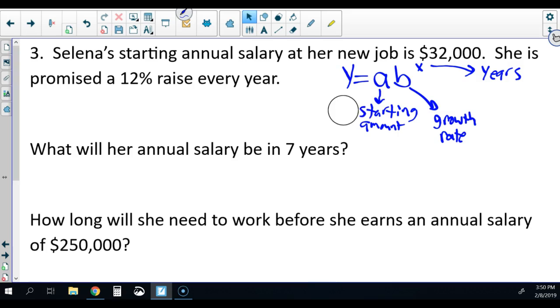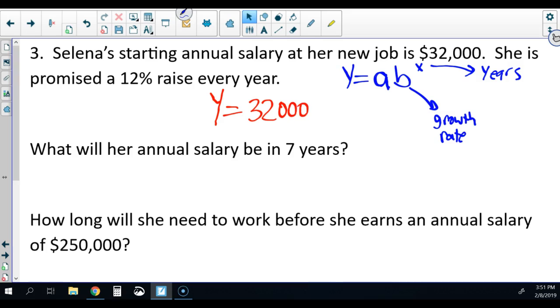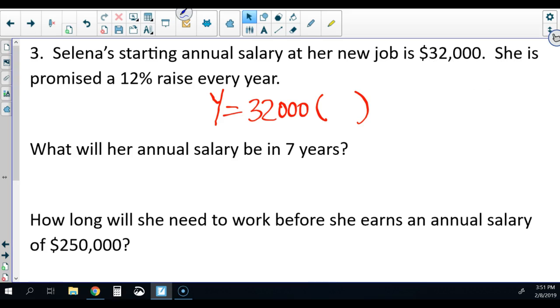So starting amount, it tells me her starting salary is 32,000. So I'm going to say y equals 32,000 times b, I'm sorry. B is her growth rate. Growth rate here is 12%. We looked at what you have to do for a percent.